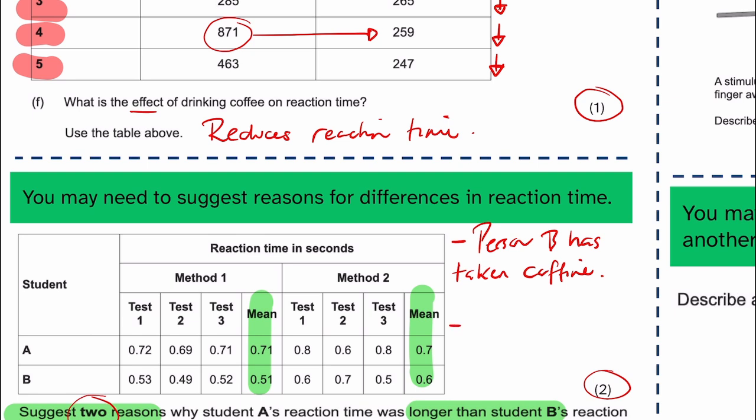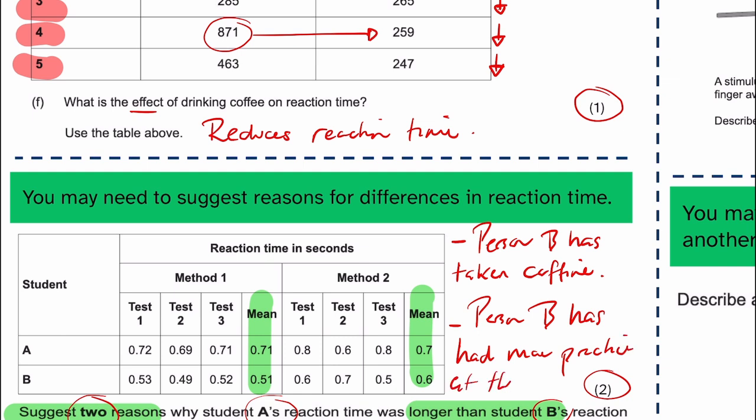The other thing you could say, so we're looking for reasons why person A might be slower or person B is faster, is that person B has had more practice at the method. So this is really common.